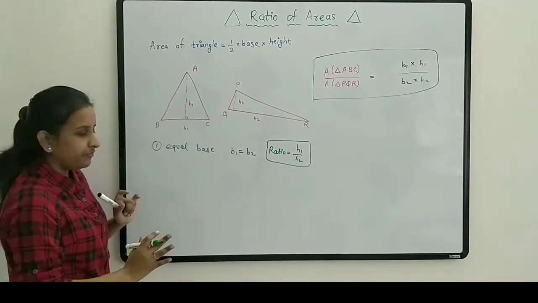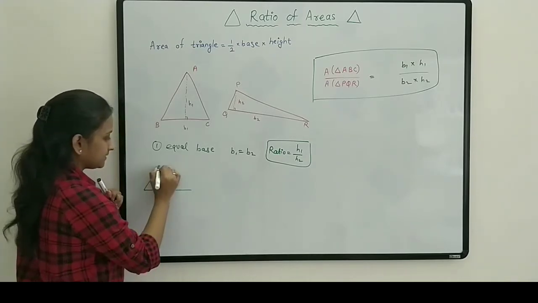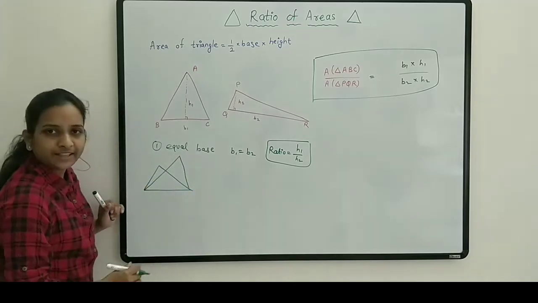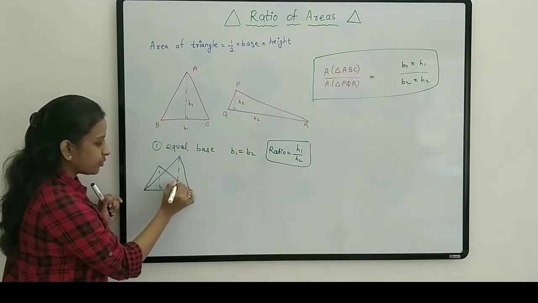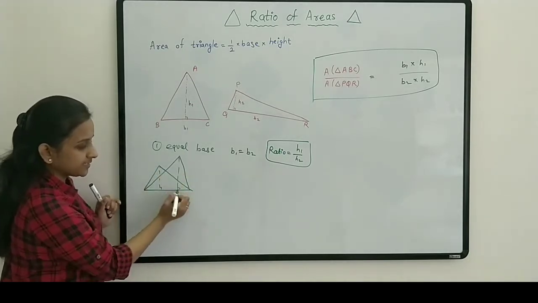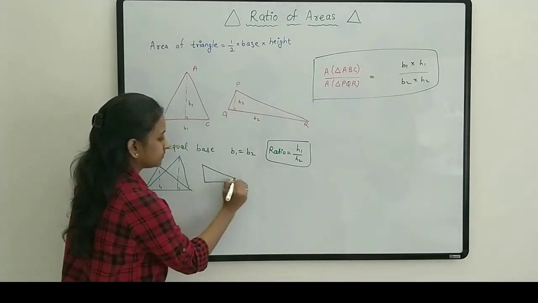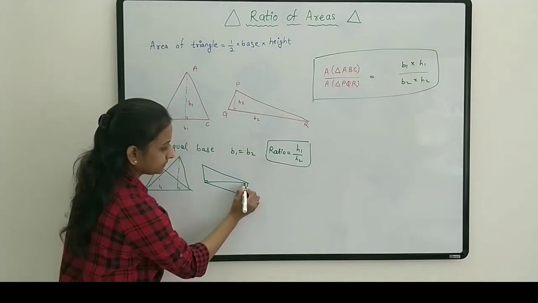Now let's see a few triangles of equal base. Triangles can be like this. This is the first triangle and the second triangle is like this. Then the ratio of their areas is the ratio of their corresponding heights, H1 by H2. Okay. Two triangles can be like this. This is the first triangle and the second triangle is like this.